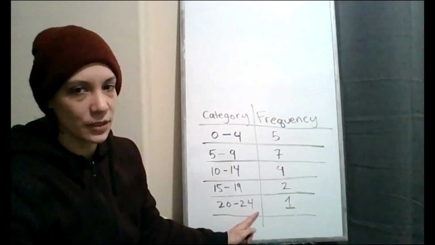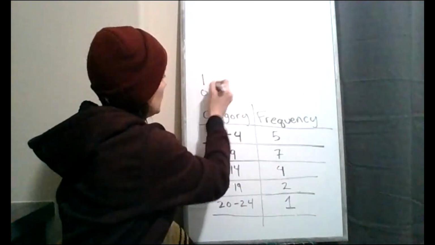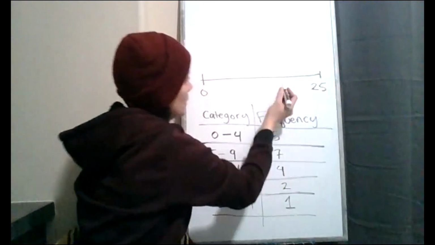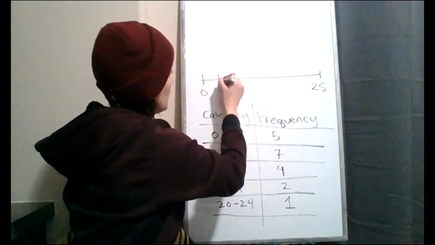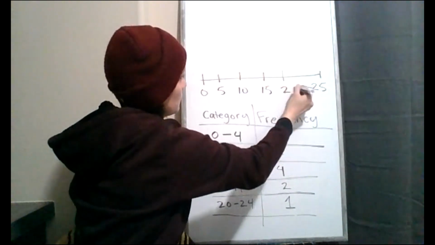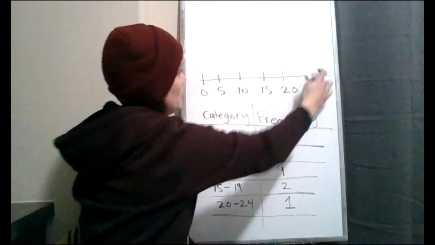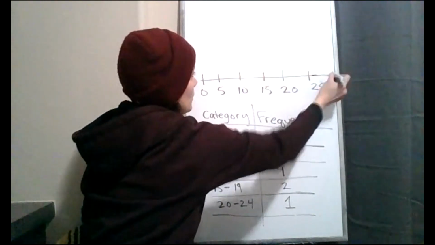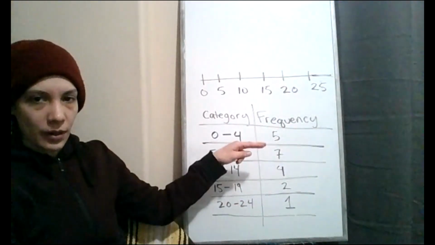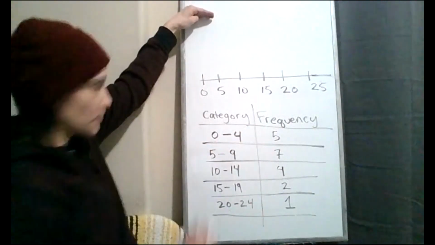We're getting as close as we can to 25 here. So 0, 25. From 0 to 4, we want a height of 5. Actually, the largest height is 7. So let's put that here.